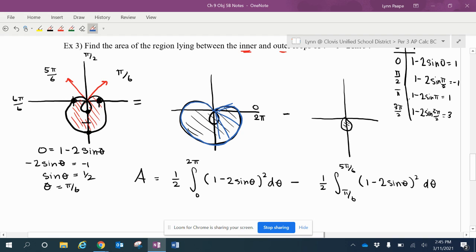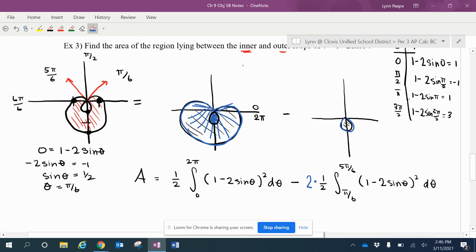Then when I subtract the inner loop, I have to take into account that this area is covered twice, once when it draws the outer loop and once when it draws the inner loop, so I actually have to subtract 2 of those inner loops.